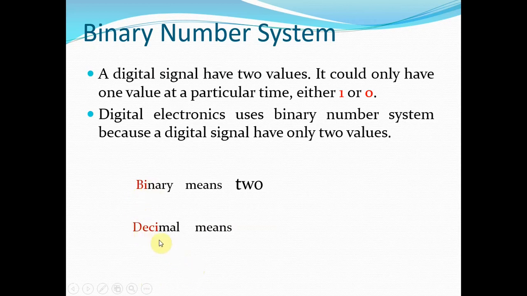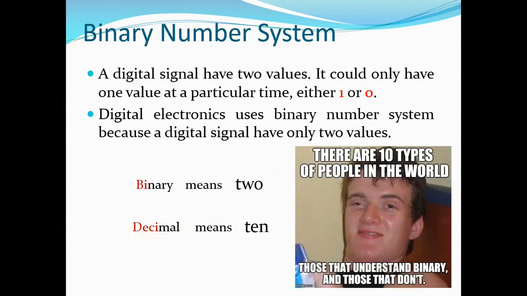Bi means 2, dec means 10. When we say bilingual, that is 2 languages. Decimal means 10. There are 10 possible digits. Later on, after a little while, we'll understand what this really means. Let's move forward.